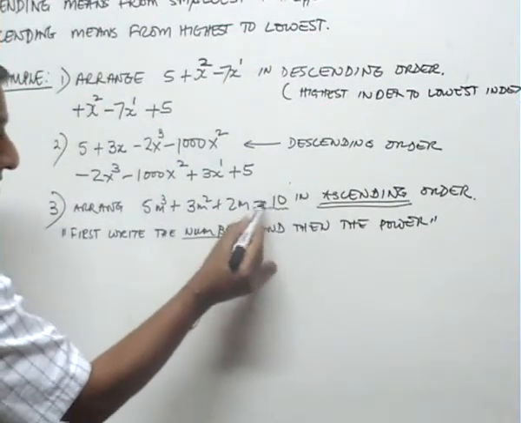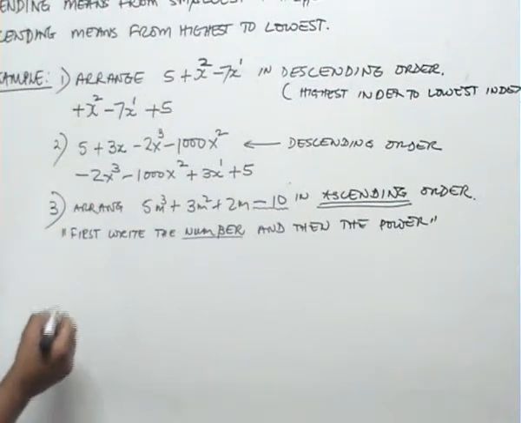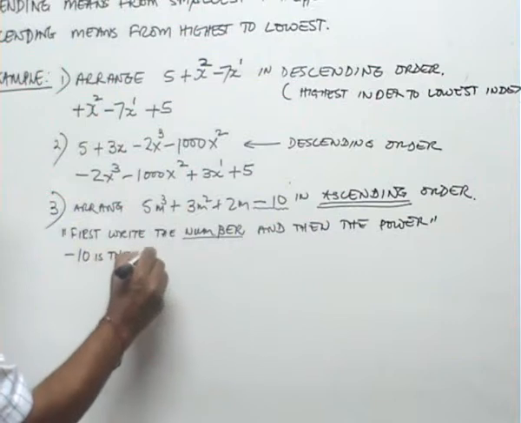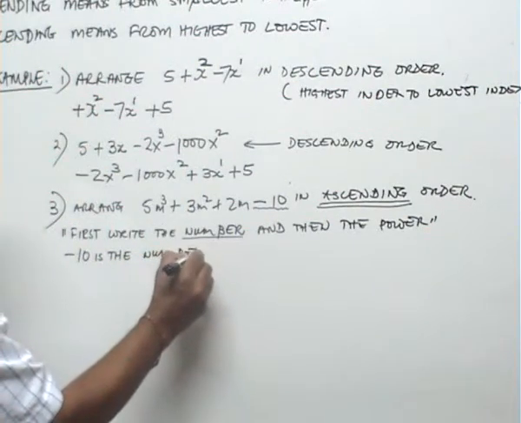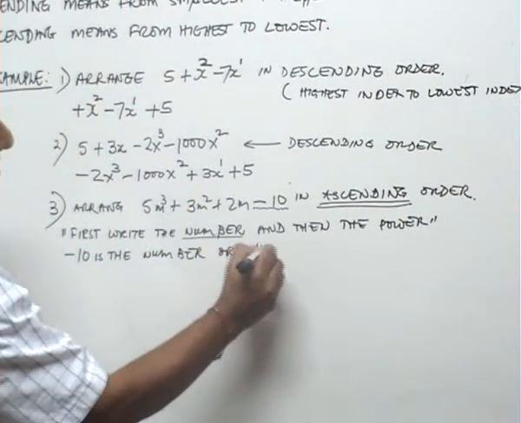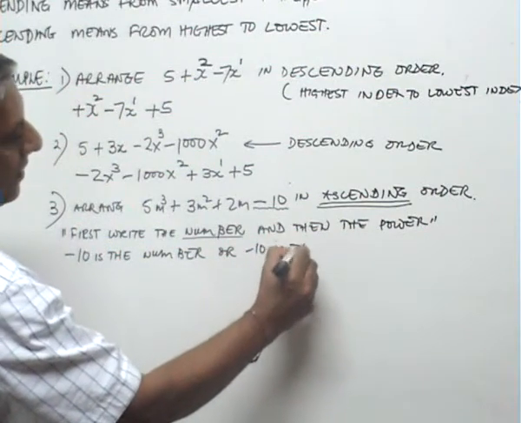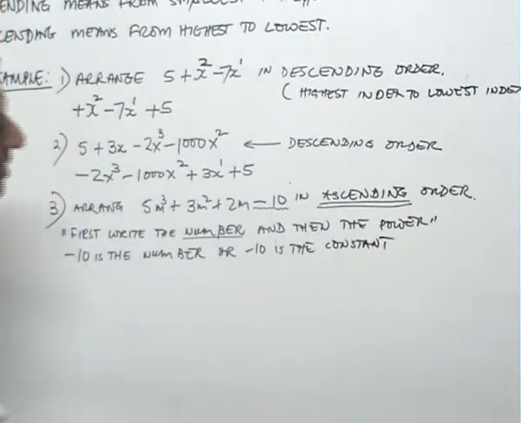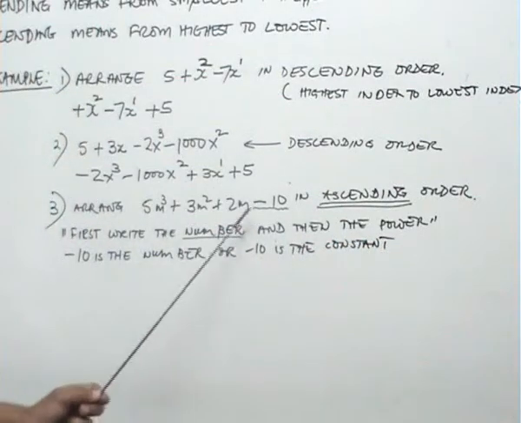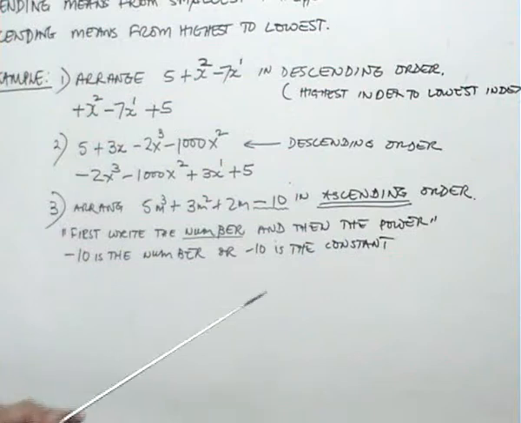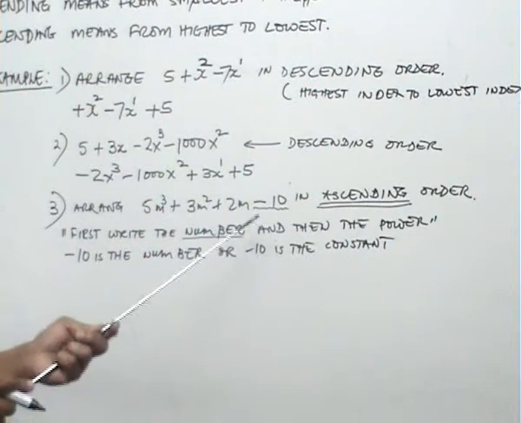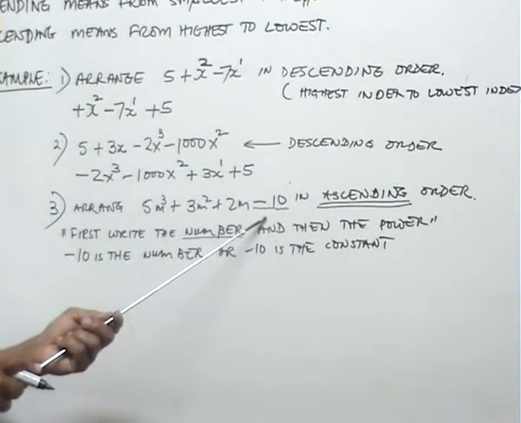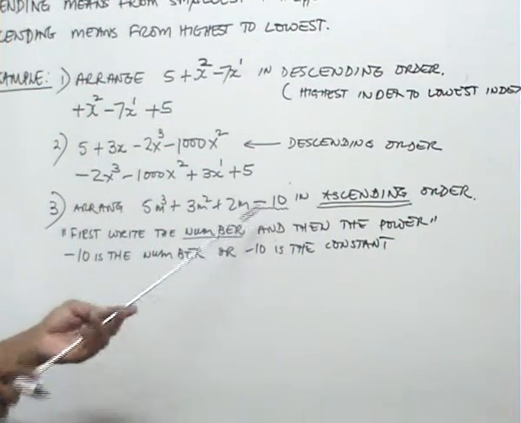Another name for this minus 10 is constant. So minus 10 is the number, or minus 10 is the constant. That's how we talk in maths. We say, what is the constant in this expression? The constant is minus 10. It's called constant because you can do what you like. Minus 10 will remain constantly minus 10. It doesn't change. It is the same.